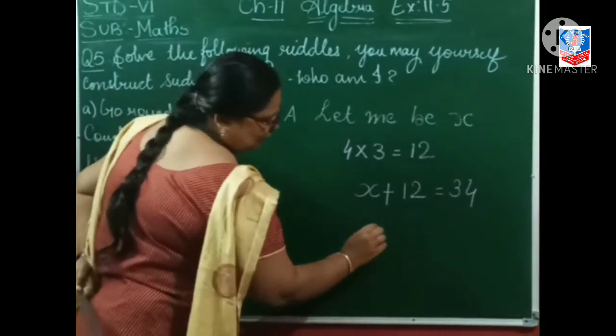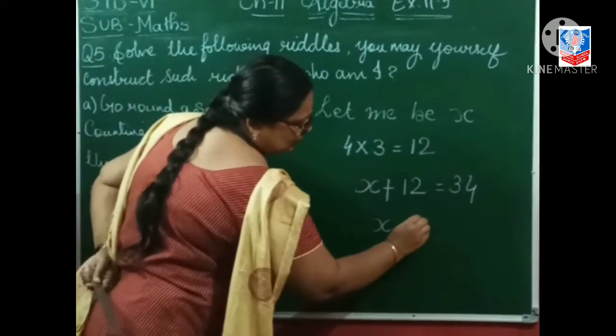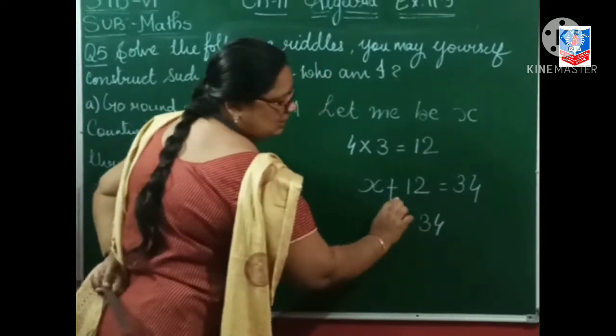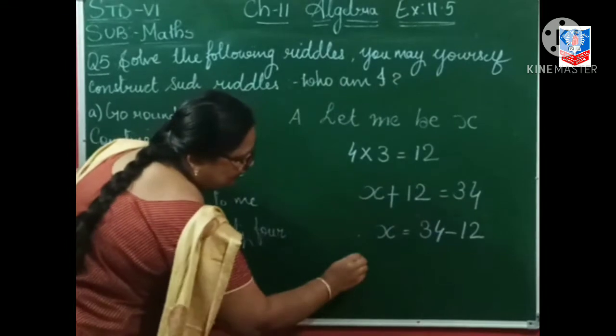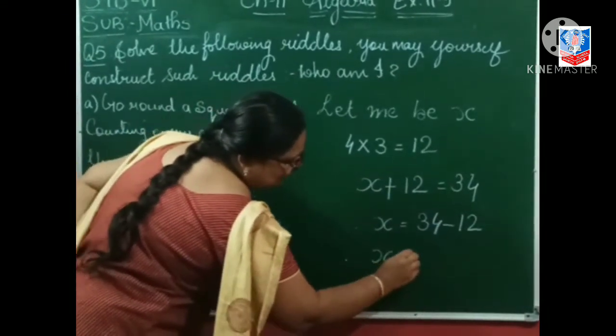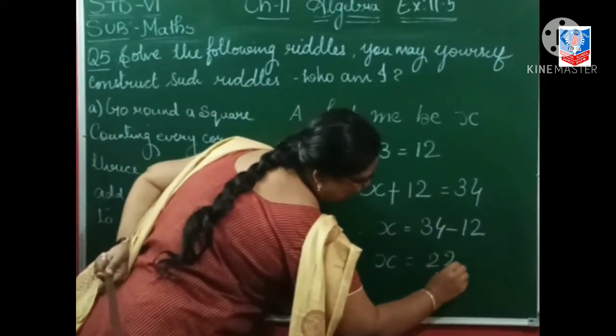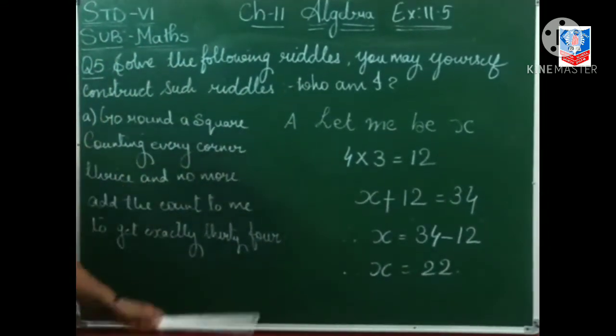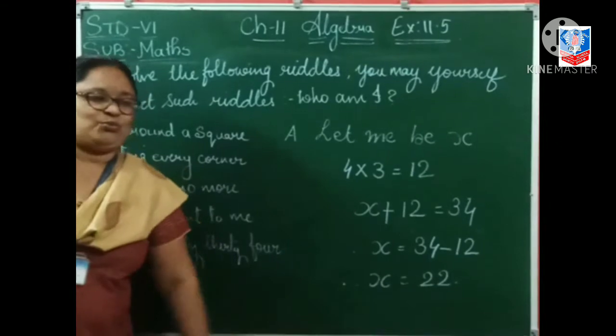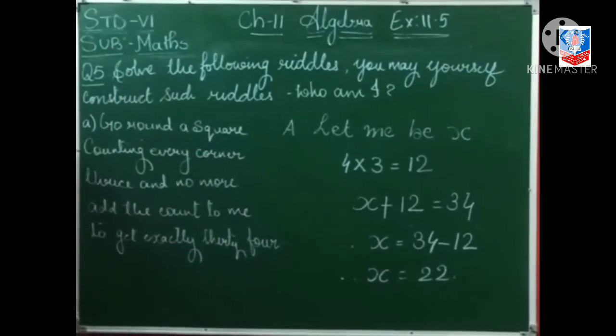So what you will do? x is equal to 34, this plus will come here, that will become minus. So therefore x is equal to 22. So our answer is 22. I am 22. Understood?